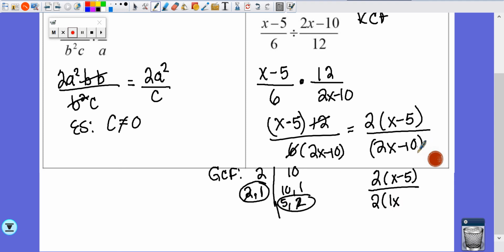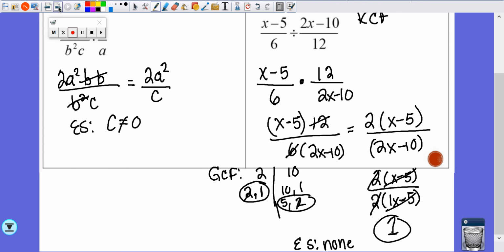And when I broke that 10 down, keep the minus, and took out the 2, I was left with 5. So if you notice, this and this go away, and this goes away. So your answer to that is equal to 1. And your extraneous solution is, you don't have any for this case.